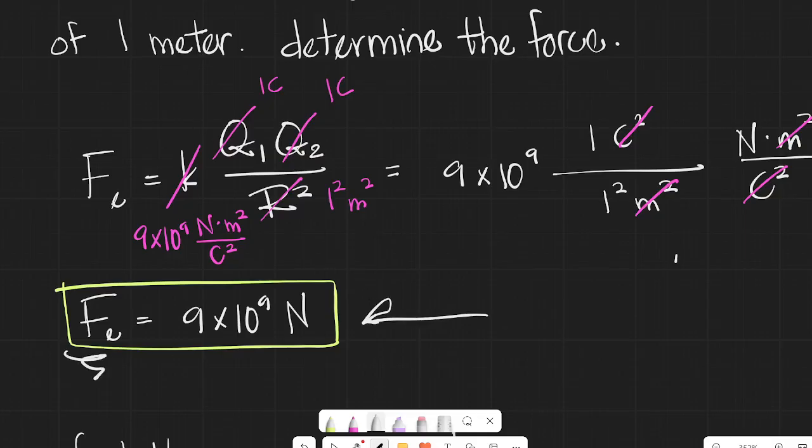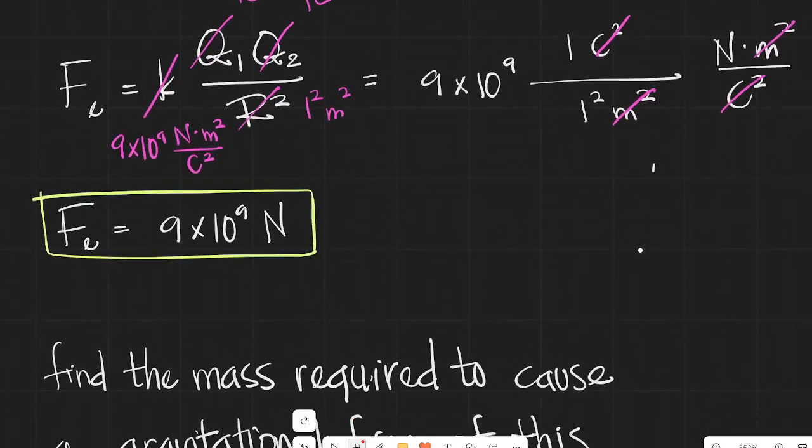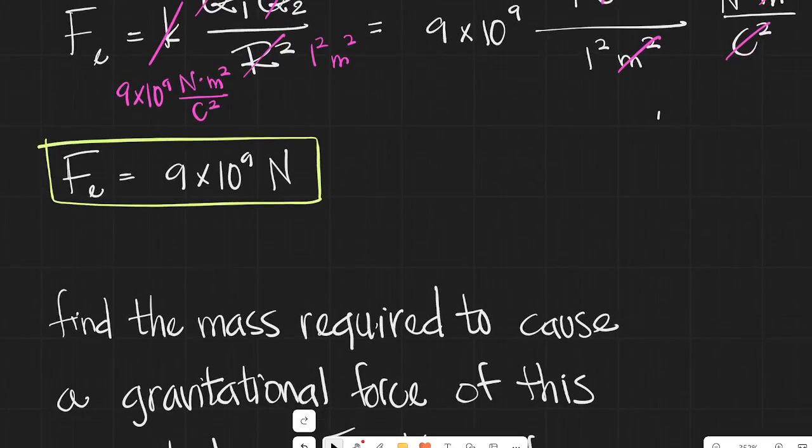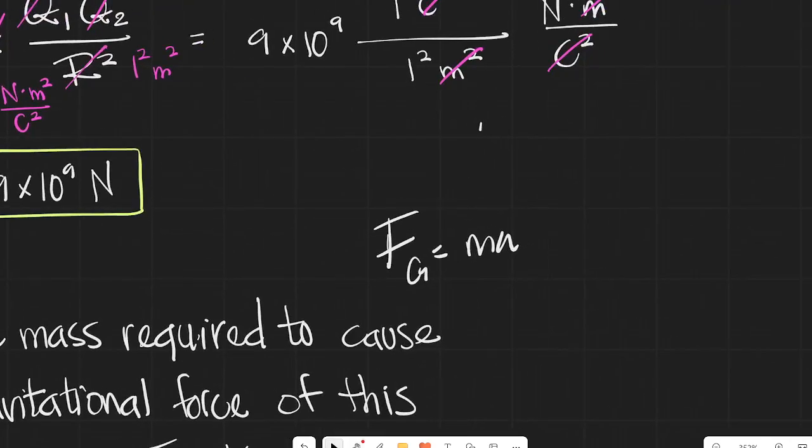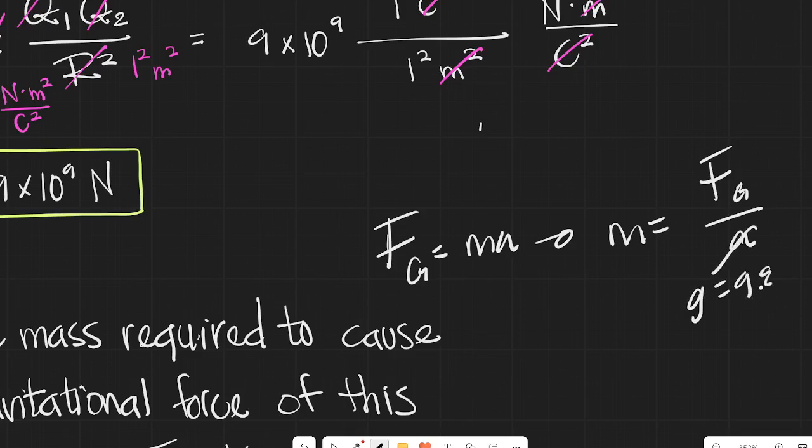Remember, this is the electric force. Note the subscript E right there. So if we use the form Fg equals ma, we can find the mass by just saying that m equals Fg over a. And a in this case is going to be our g, which is 9.81.